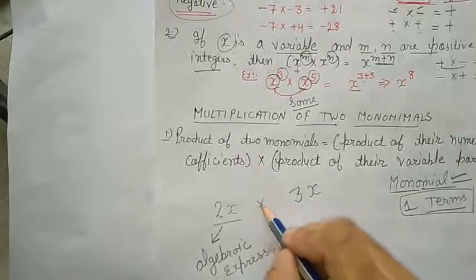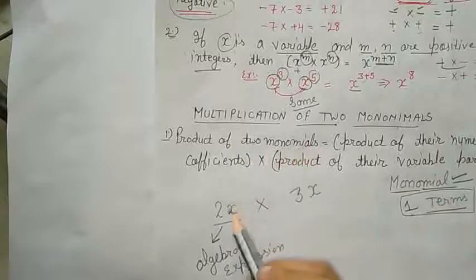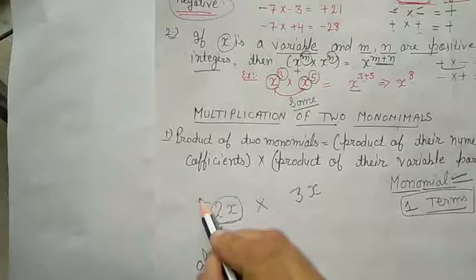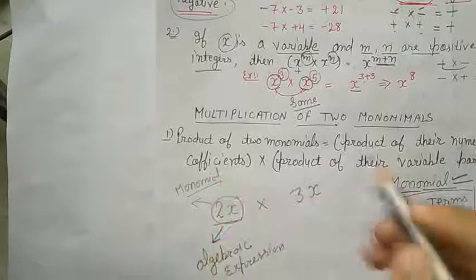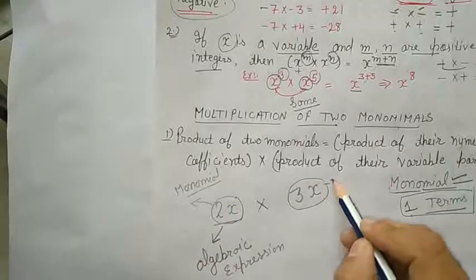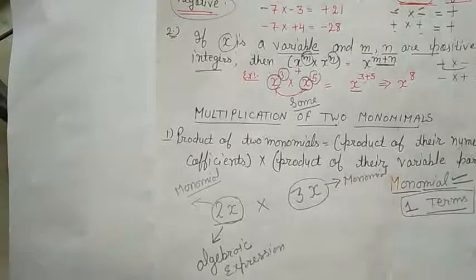When we take the product of two monomials, there is only one term, so it is called a monomial. 3x is also a single term, so 3x is also a monomial.